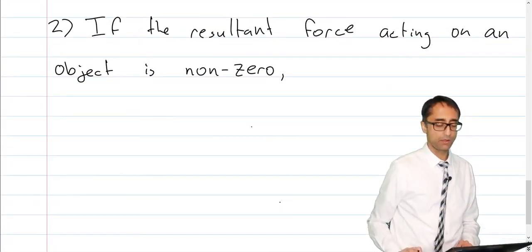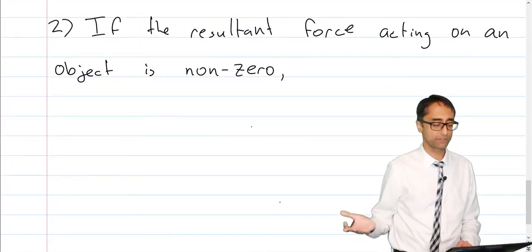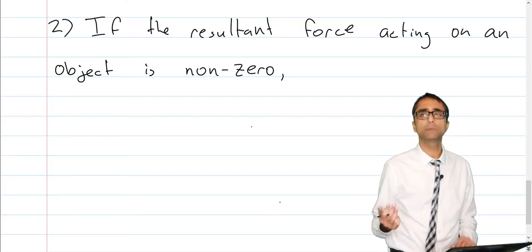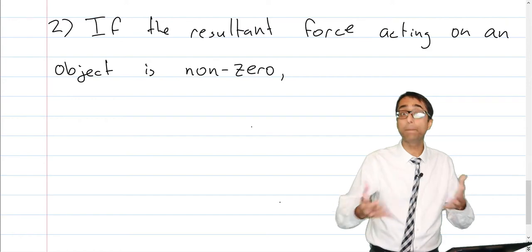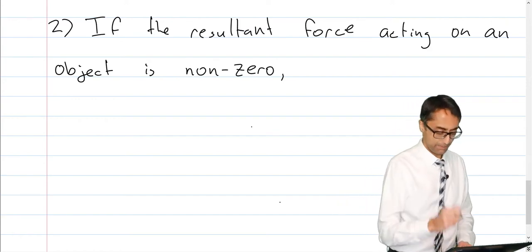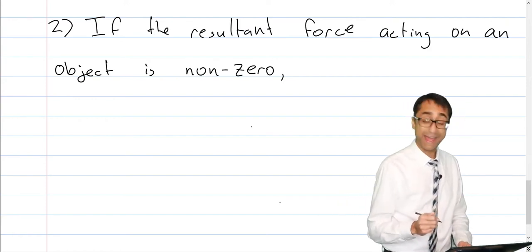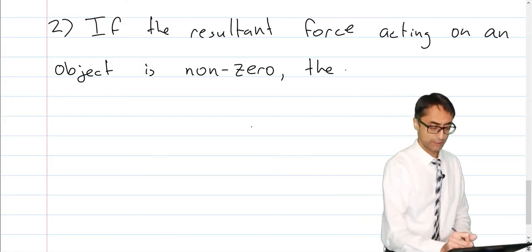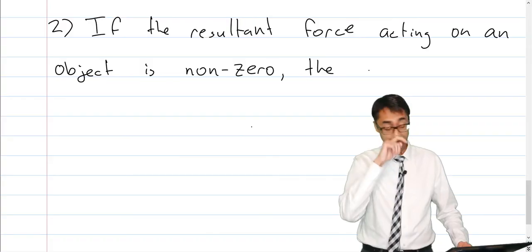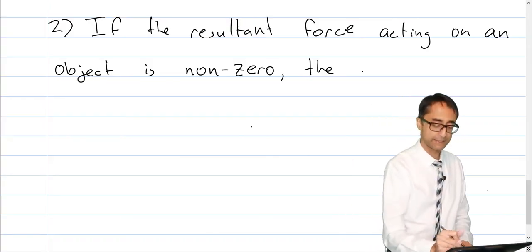Now, sometimes an object can have no forces on it, and so obviously it has a force of 0, but other times you can actually have 2 or more forces on an object, but they add up to 0, as we'll see. But this law is looking at what happens if your total force is non-zero. Well, in those cases, the object experiences an acceleration.